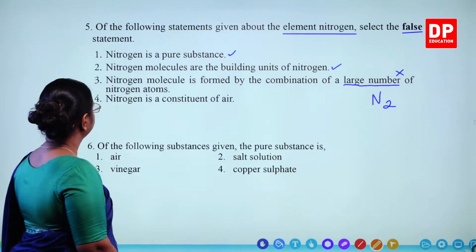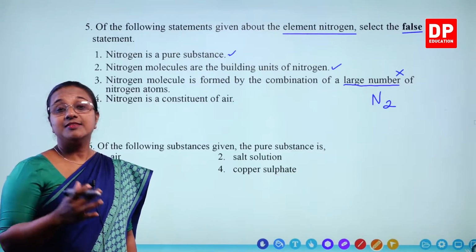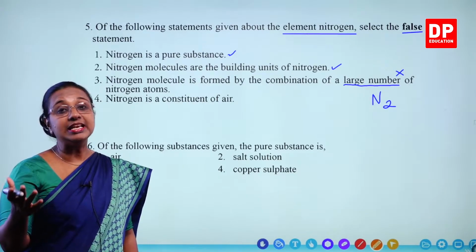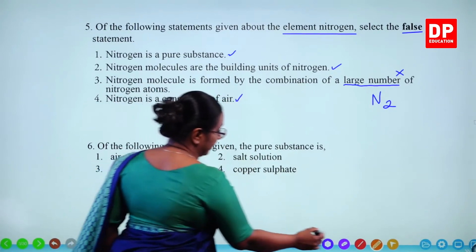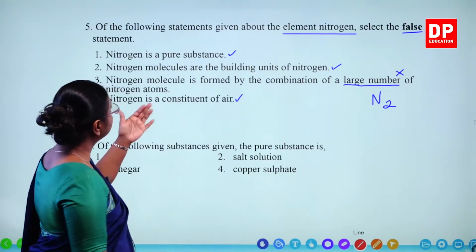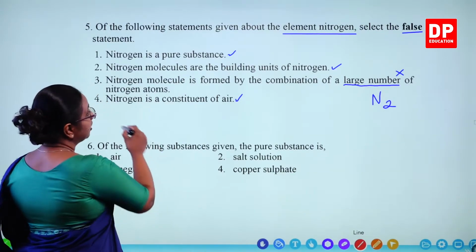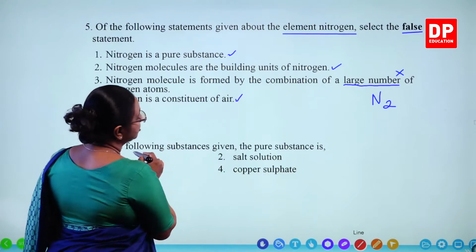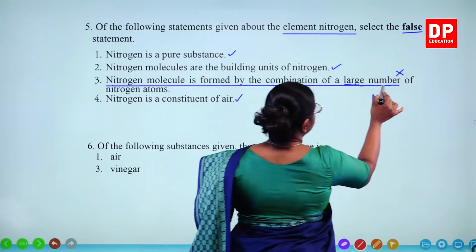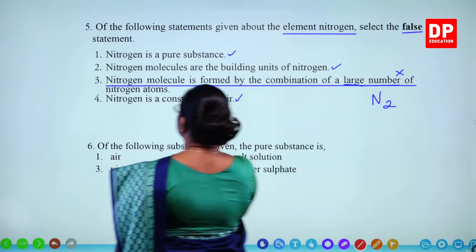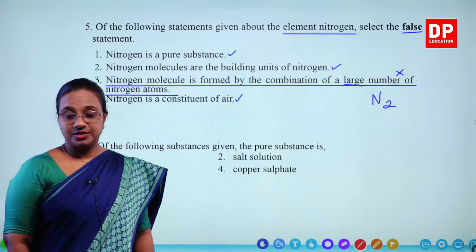Then the fourth one, nitrogen is a constituent of air. That you all know. There is 78% of nitrogen in atmospheric air. So that is also correct. So that means the false statement given about the element nitrogen is that nitrogen molecule is formed by the combination of a large number of nitrogen atoms. So it is this answer that is false. Is that correct, student?